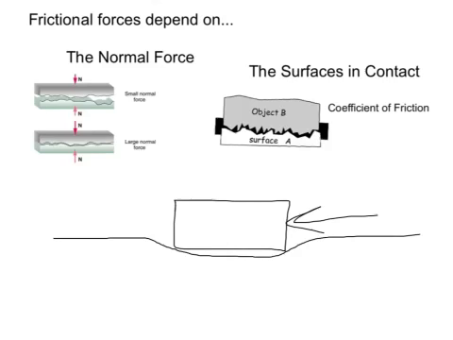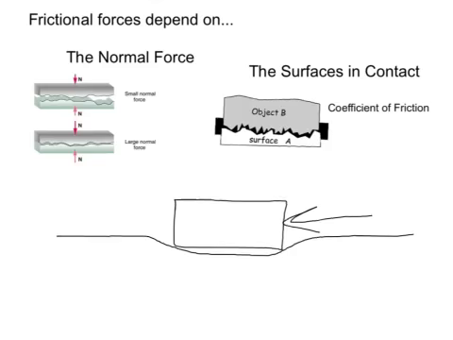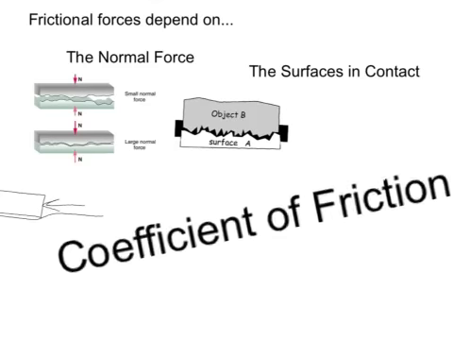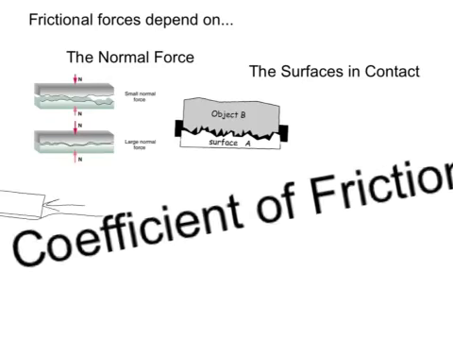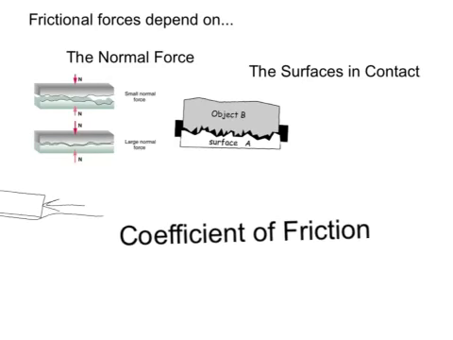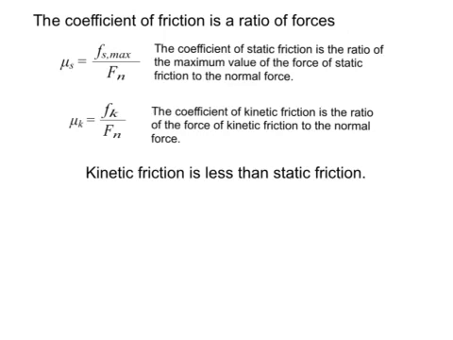Now we can characterize the surfaces together by something called the coefficient of friction. Every object has a certain coefficient of friction, every surface. This coefficient of friction is really just a ratio of forces. We can have what's called the coefficient of static friction, and we can have the coefficient of kinetic friction.